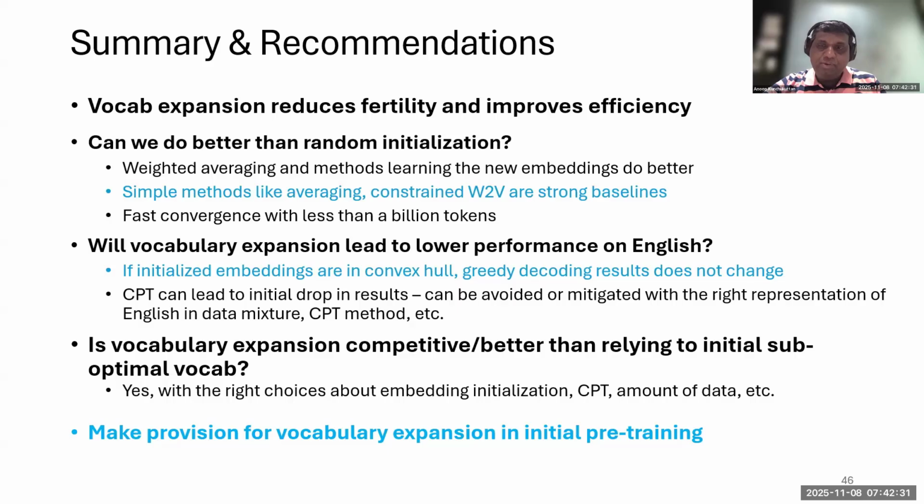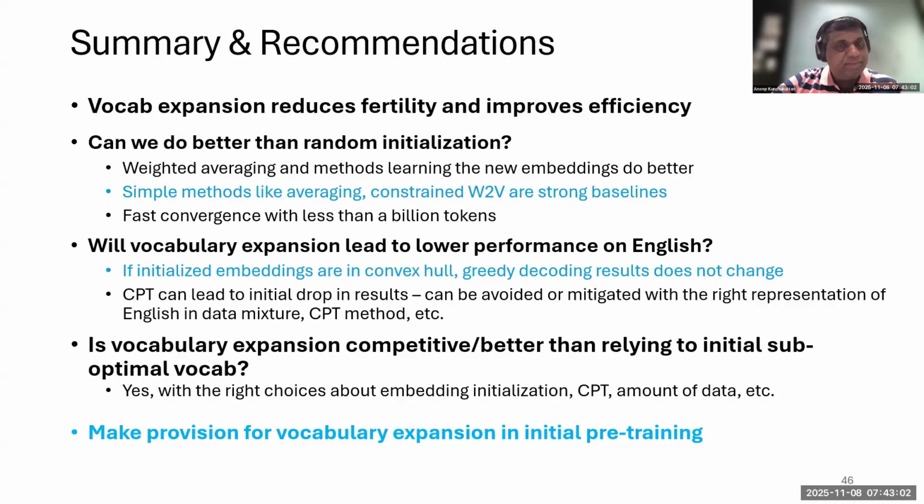We can clearly see that vocabulary expansion helps reduce fertility and improve efficiency. Can we do better than random initialization? Yes, weighted averaging and the methods for learning new embeddings tend to do better. Even averaging is a strong baseline. And with these methods, we can have faster convergence in a ballpark of a billion tokens.